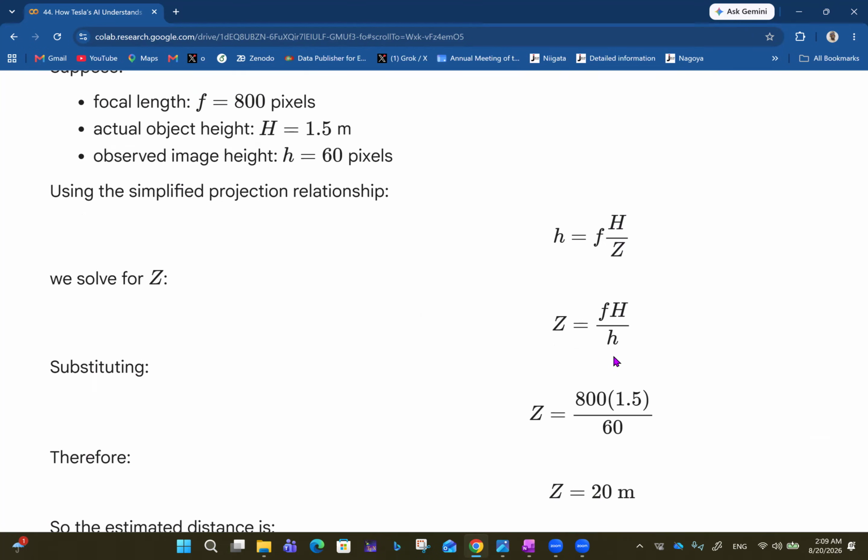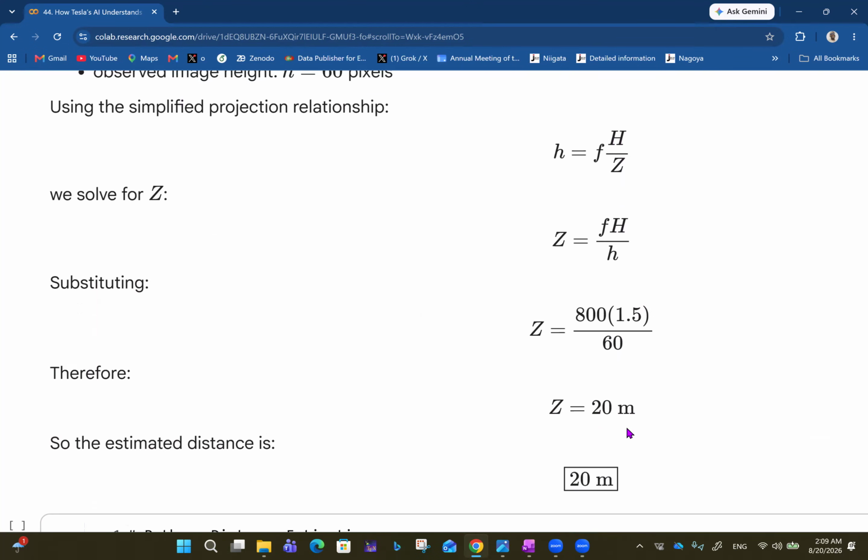So F is 800, big H is 1.5, the actual height, and then that over the image height, which is 60. So Z now is equal to 20 when you do all the maths. This is 15 times 80, or even 8 times 15 over 6. So 3 here is 2, 3 here is 5.